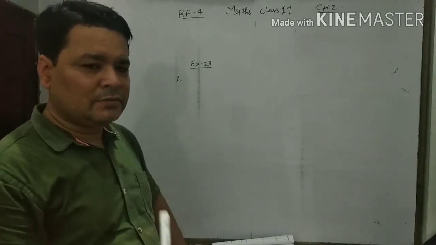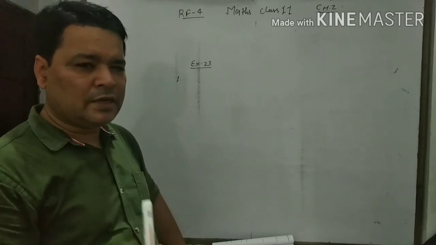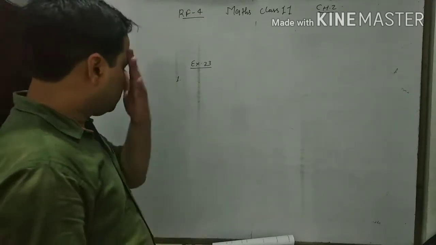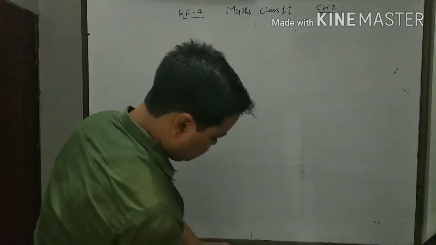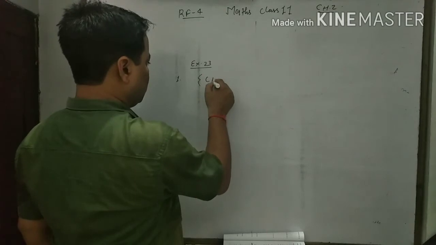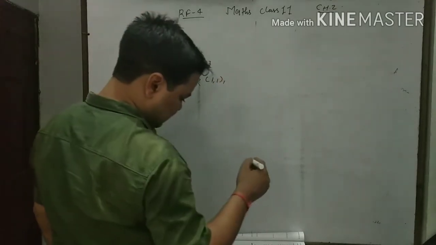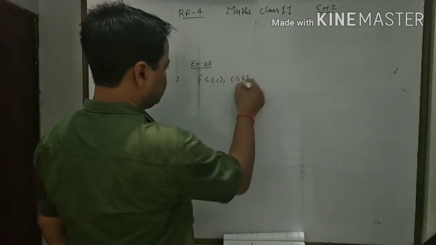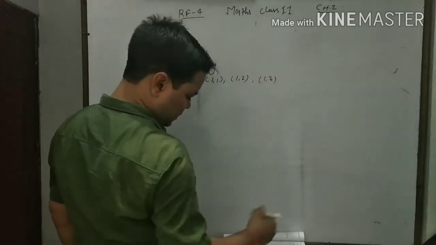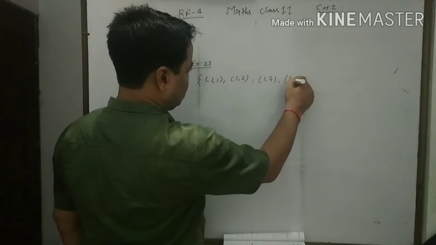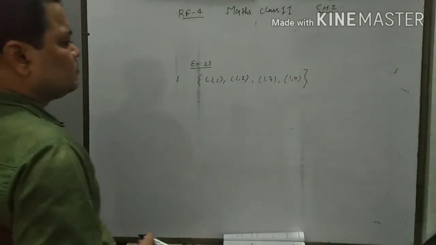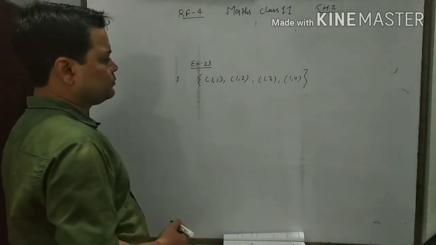Every element of the Cartesian product represents a relation. We just discussed this. Here it is mentioned that (1,1), (1,2), and here (1,3), and then (1,4), like this, in this way.